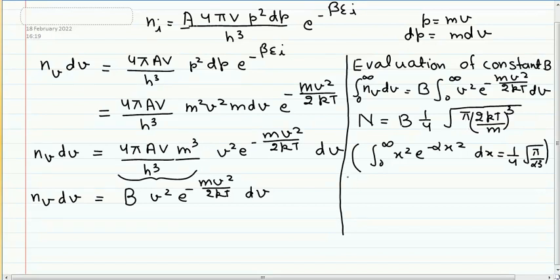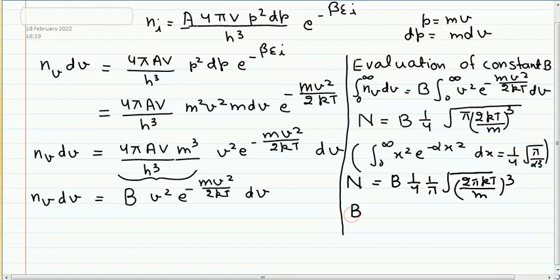So let us write it here. N is equal to b, 1 by 4 and then under root 2 pi kT upon m and this whole cube, and then 1 upon pi square. So 1 by pi square will come outside and it will become 1 upon pi.